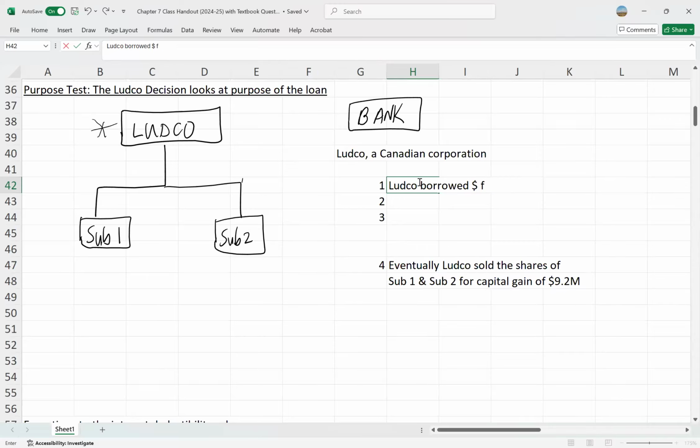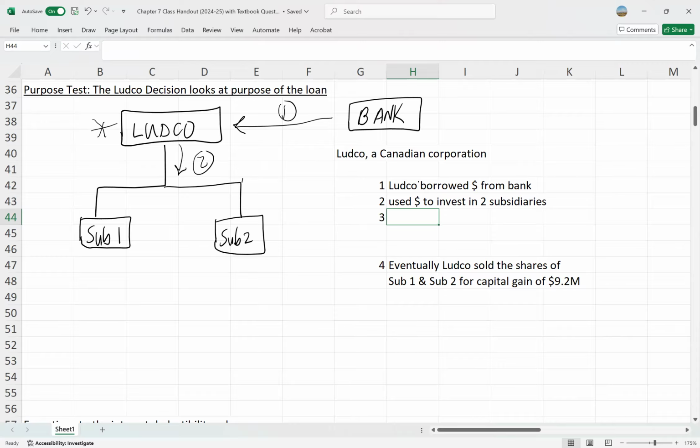They borrowed money from the bank, and then step number two, they used that money to invest in or fund these 2 subsidiaries.